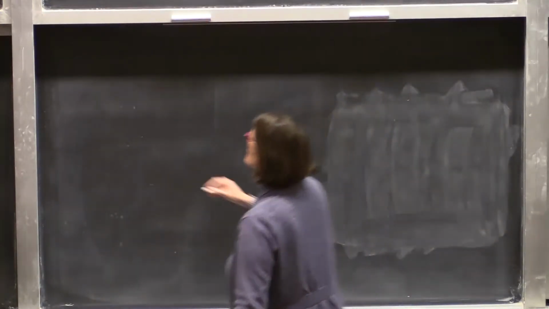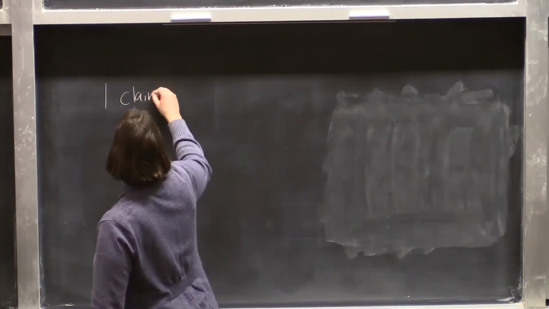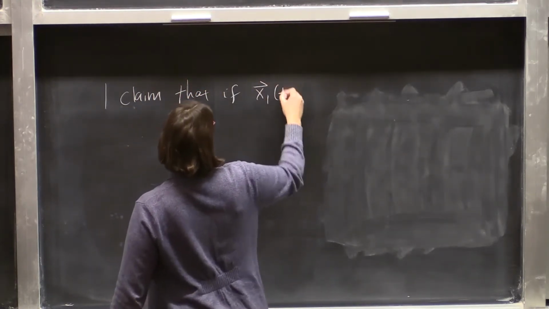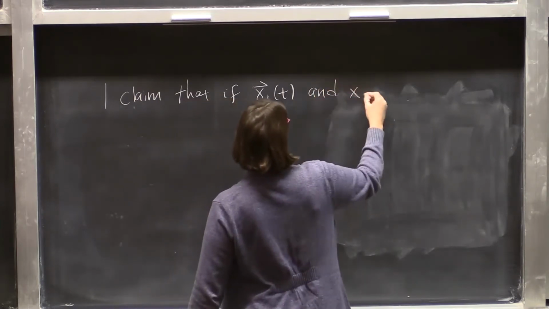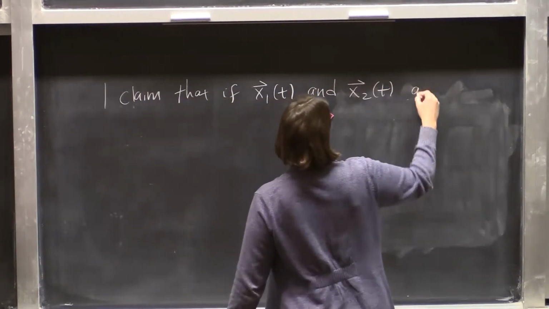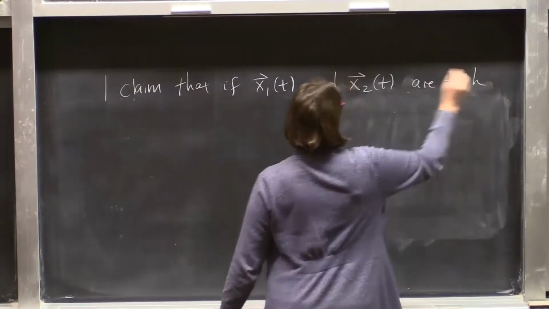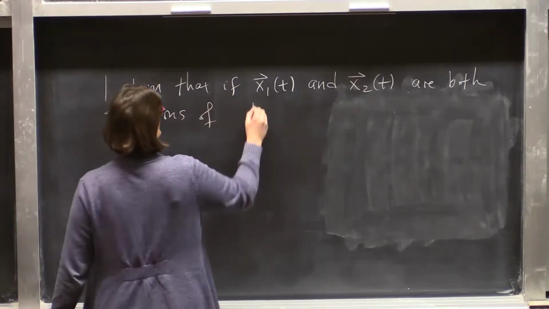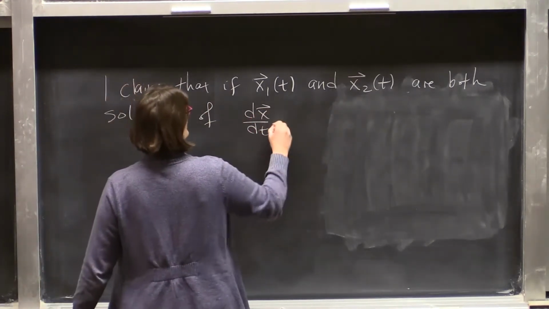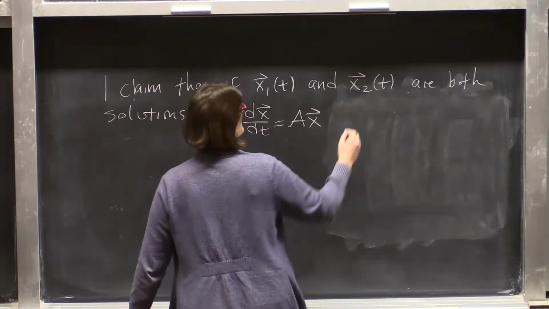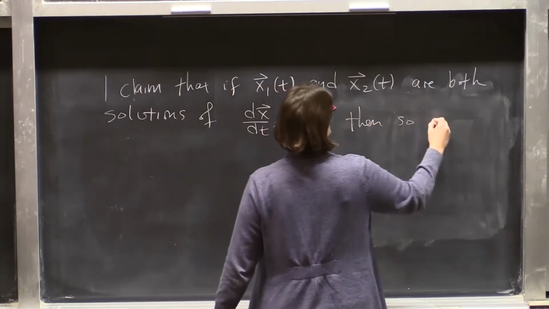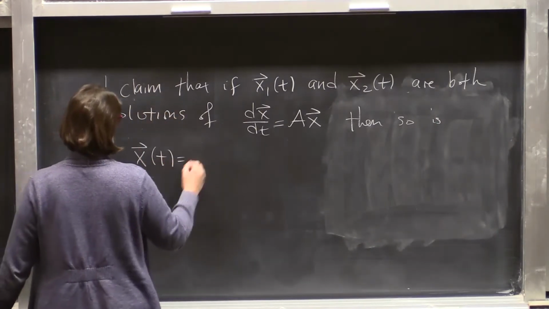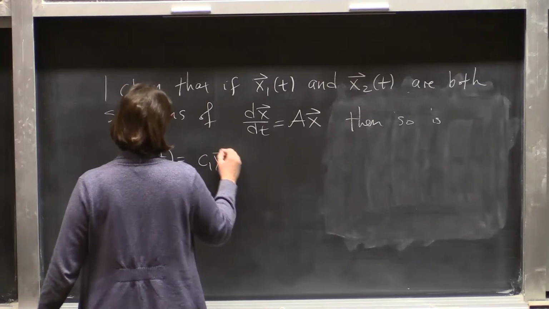All right, so I claim that if x1 and x2 are both solutions of dx/dt equals Ax, then so is x of t, which is a linear combination of the two.